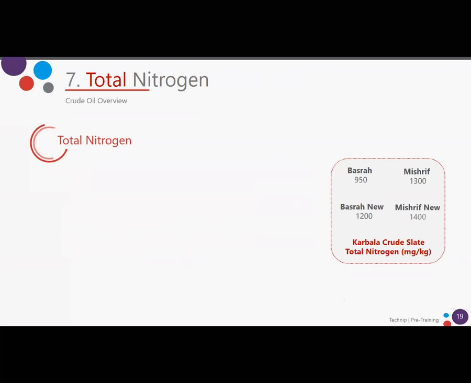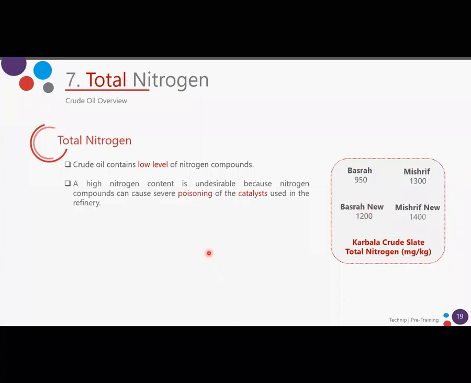Another important parameter to evaluate in the crude oil is the total nitrogen. Normally the crude oil contains a low level of nitrogen compounds compared to the sulfur compounds. We are talking about milligrams per kilogram, so about ppm.